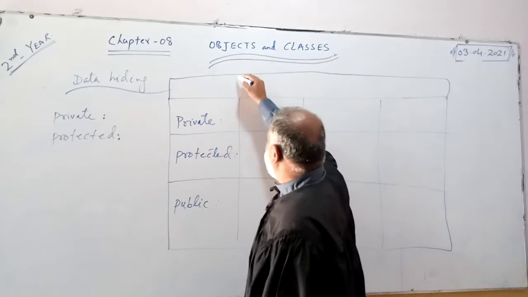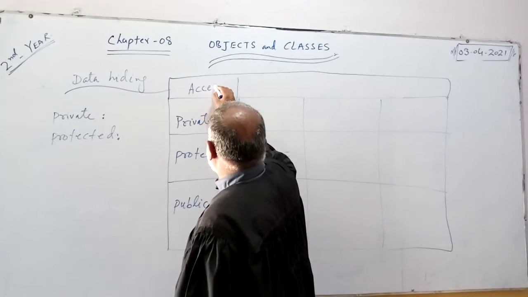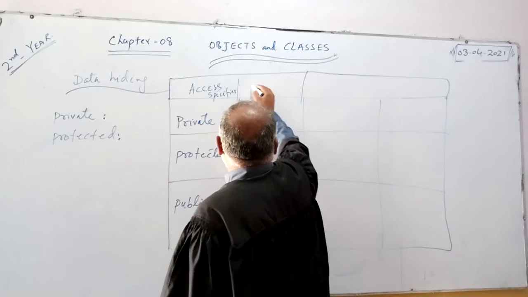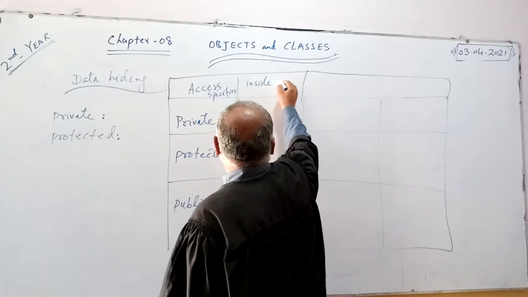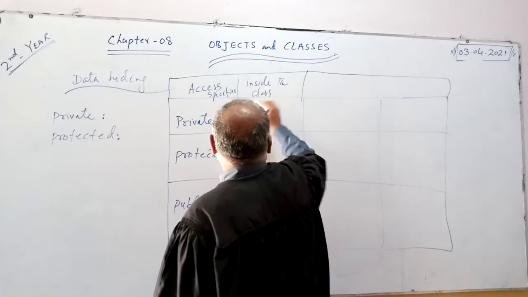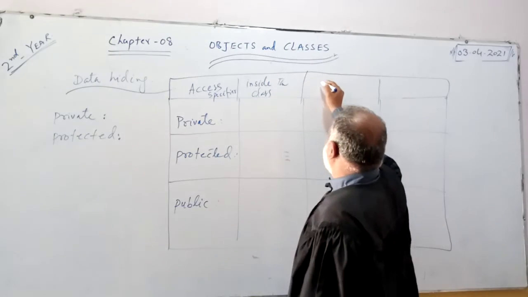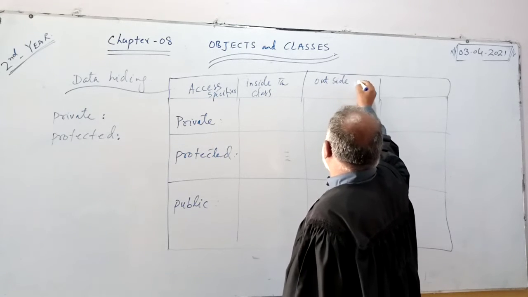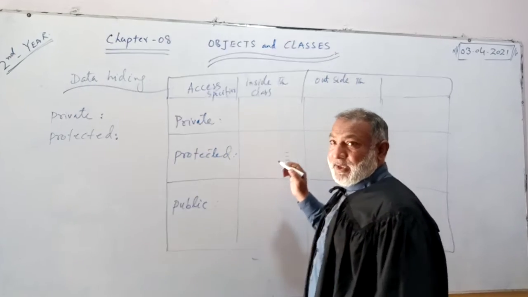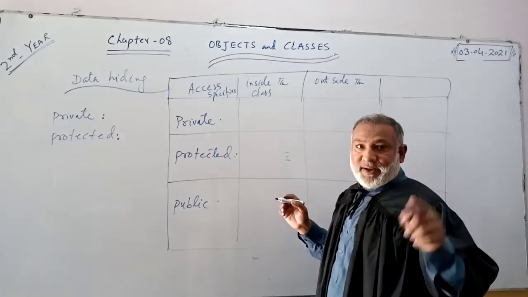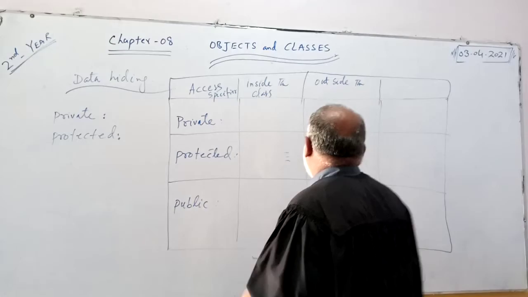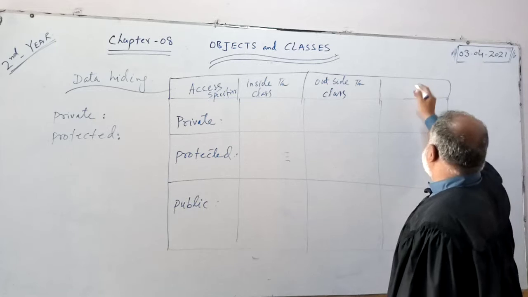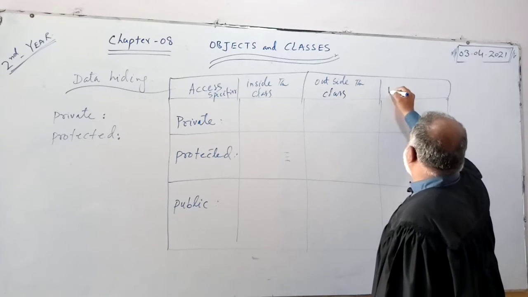These are the access specifiers, inside the class, outside the class, and the derived class.